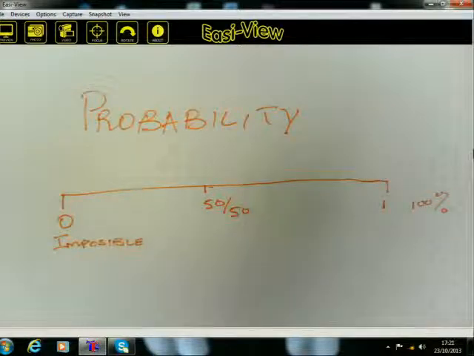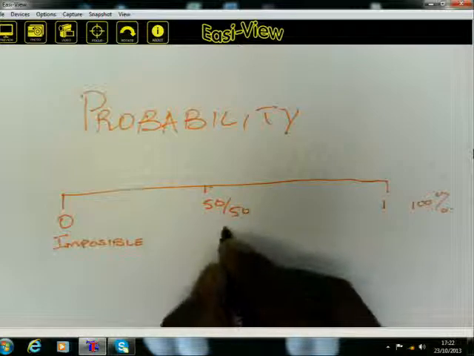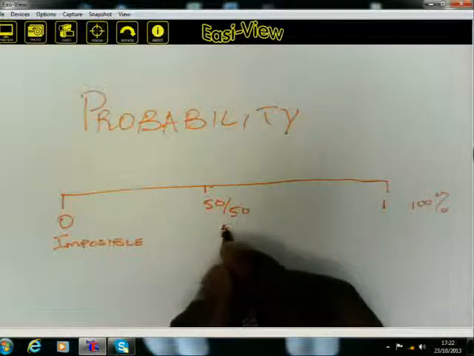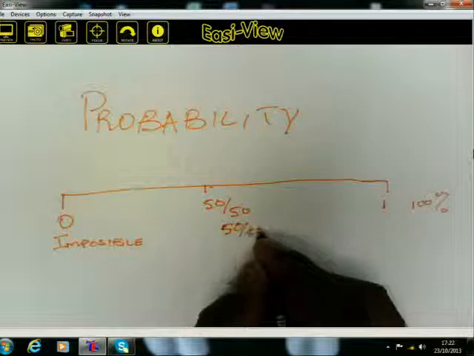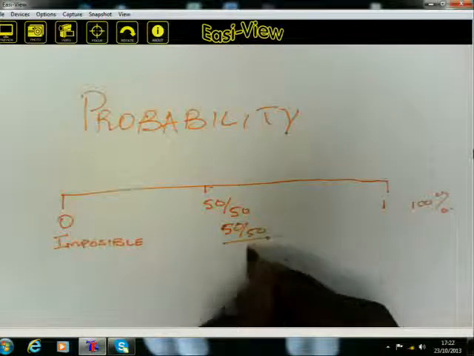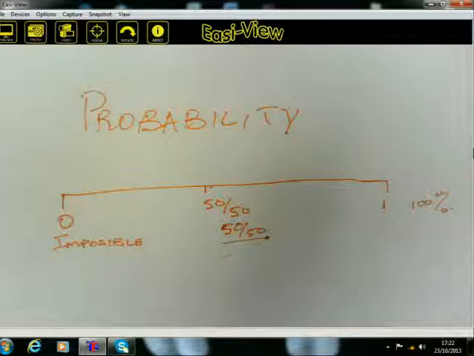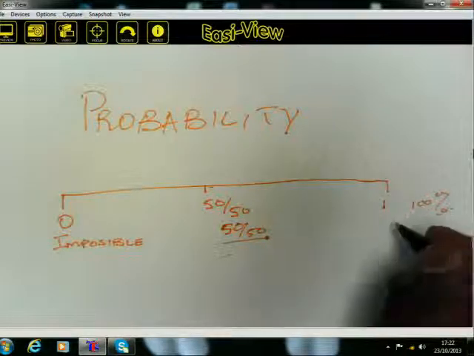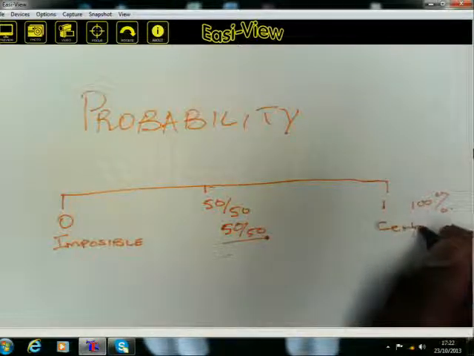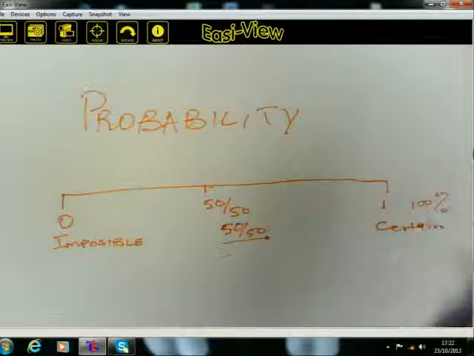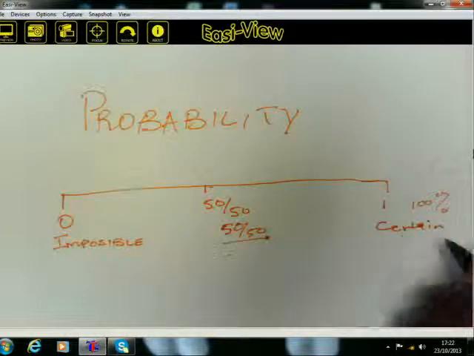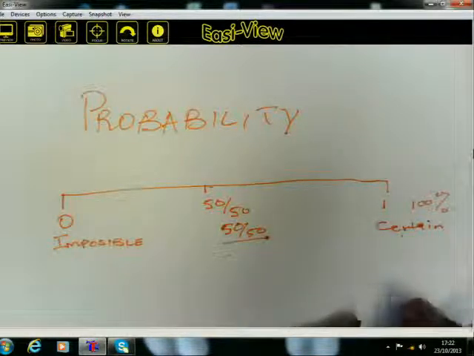Impossible things. And here, 50-50. This can happen or can't happen. It has 2 sides. It can happen or it can't happen. Now, 1, that's certain. If you remember it from grade 10, certain means you are quite sure this is going to happen.